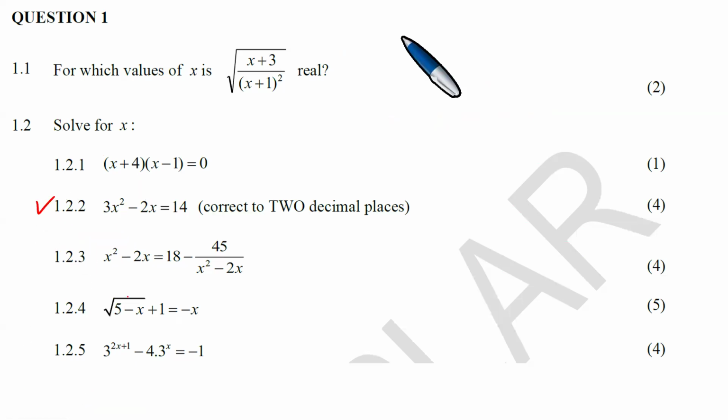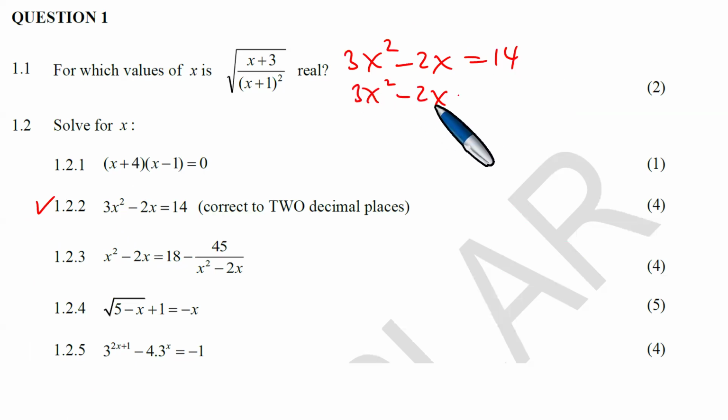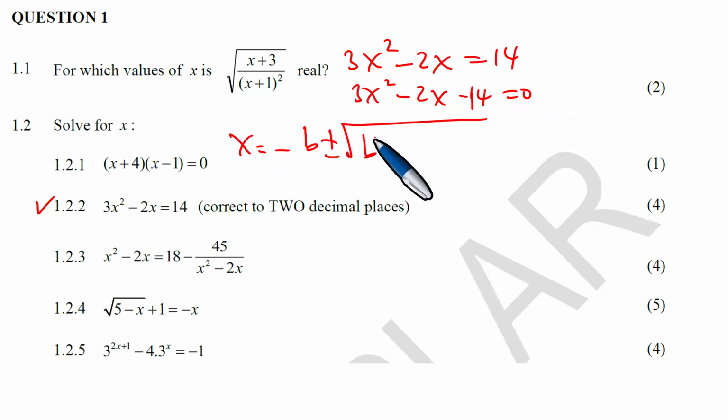1.2.2. We have 3x squared minus 2x equals 14. So 3x squared minus 2x minus 14 equals 0. Let's solve for x. Minus b plus or minus the square root of b squared minus 4ac, all over 2a.